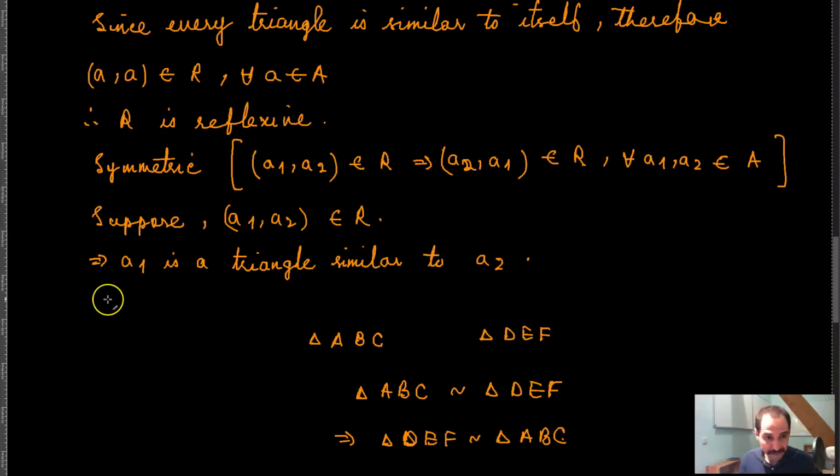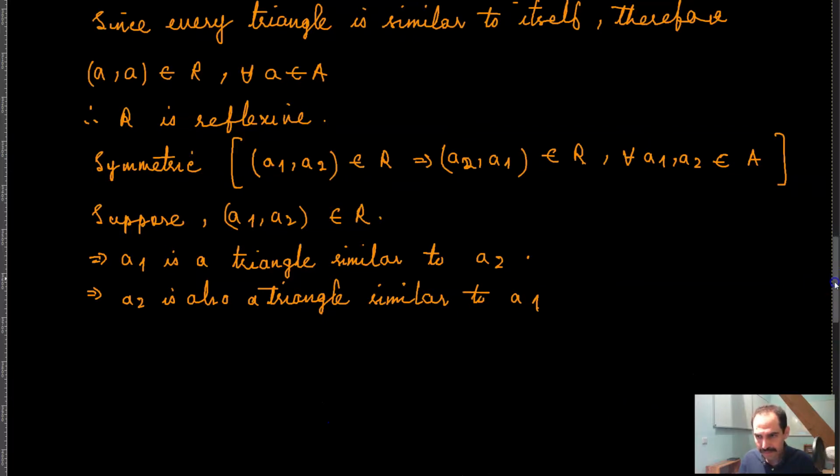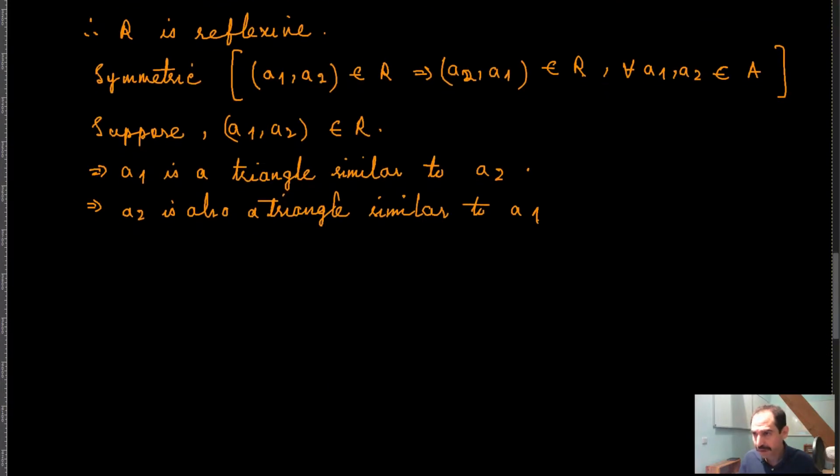So based on this, you can say that A2 is also a triangle similar to A1, which means that (A2, A1) does belong to R as well.